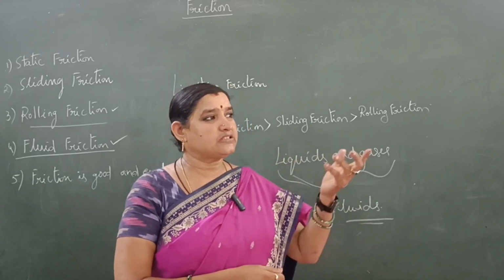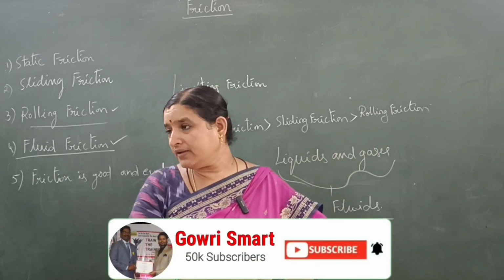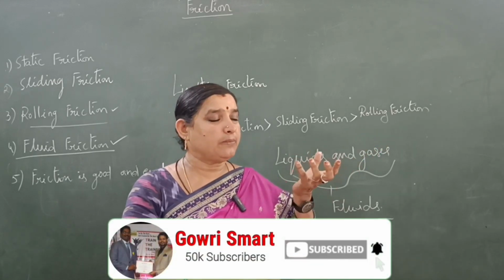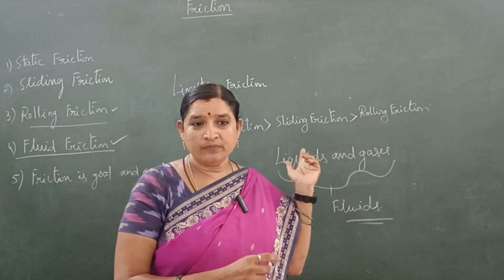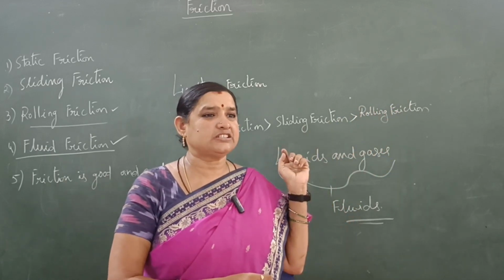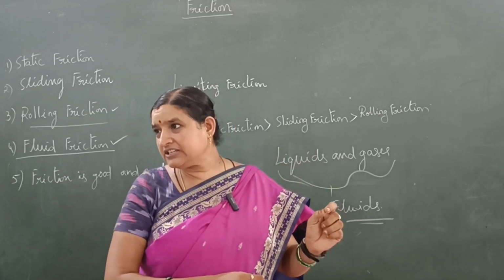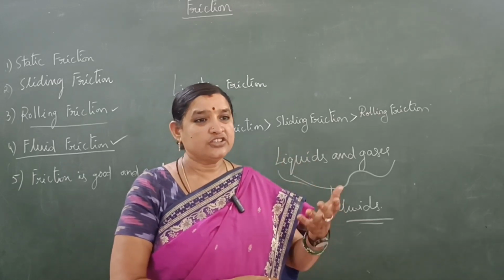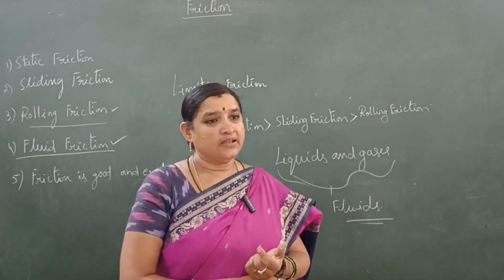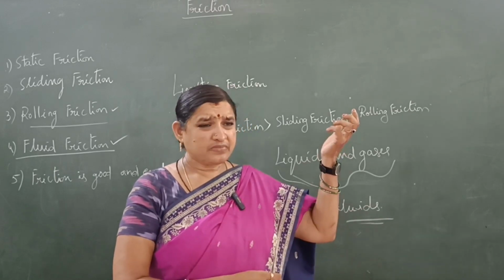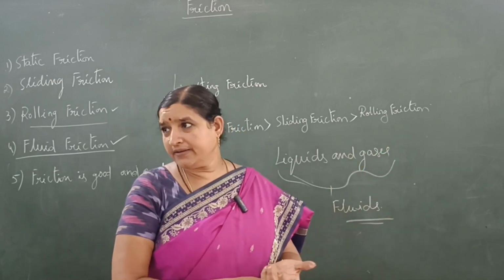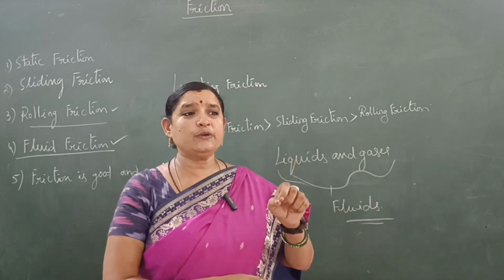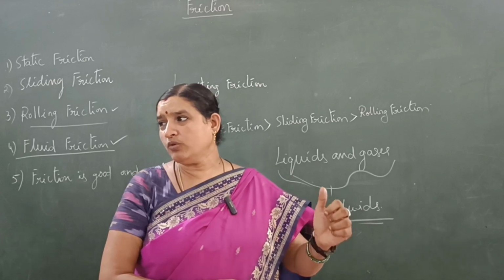That's why birds move freely in the air, and that's why we prepare aeroplanes in the shape of a bird. It has two wings and moves. That is called streamline structure. Based on the streamline structure, we prepare boats and ships for the sea, and aeroplanes in the shape of a bird. So it reduces the friction to move fast.